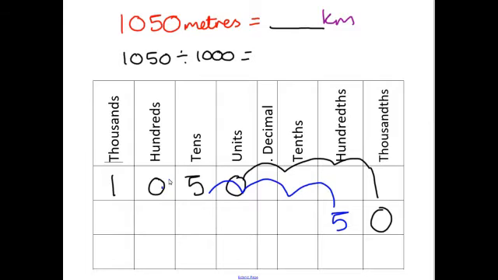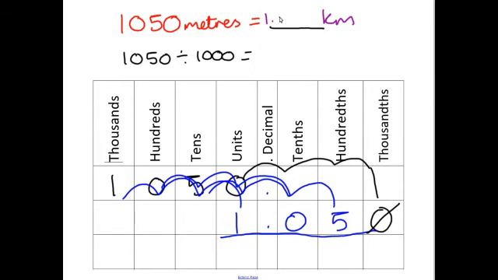And the 0, 1, 2, 3. And the 1, 1, 2, 3 would end up there. We must remember our decimal places as well. This is what we would end up with, 1.050. With decimals, we don't need that extra 0 there, but I'll write it out just to see how the numbers have jumped.